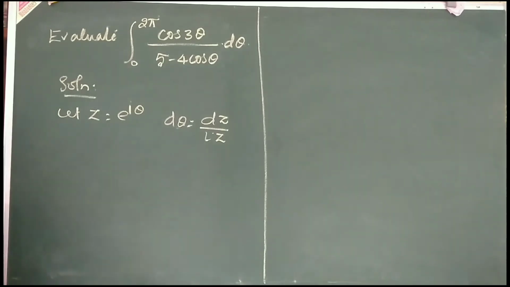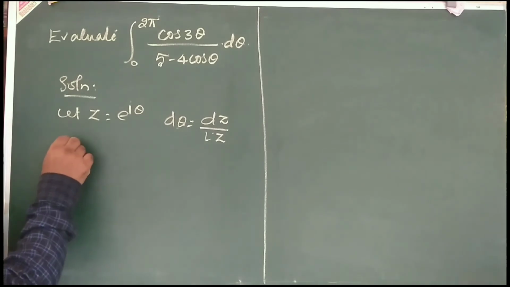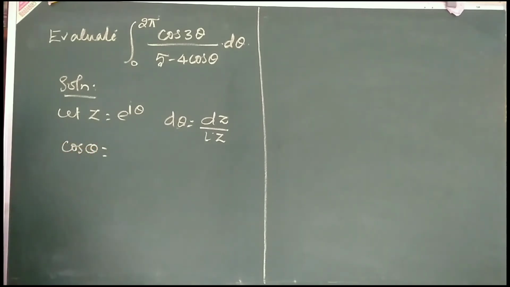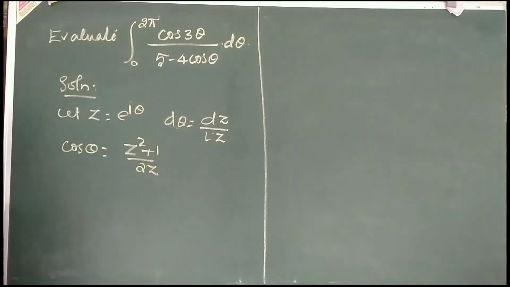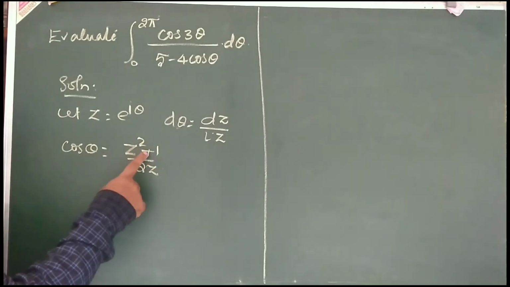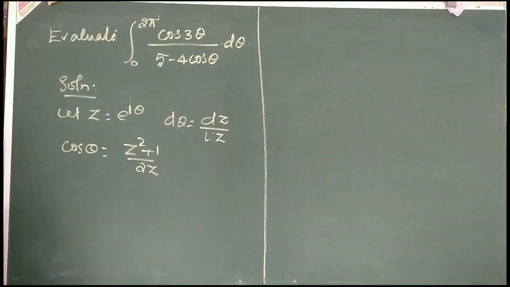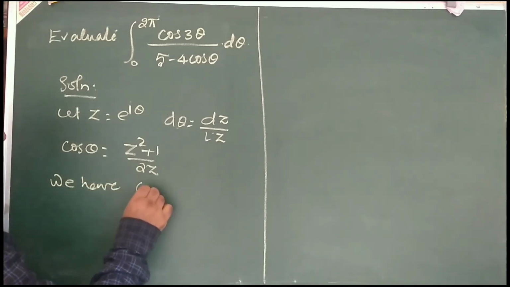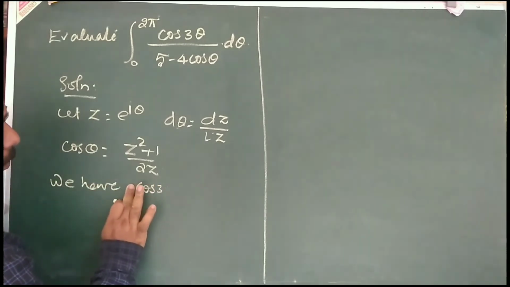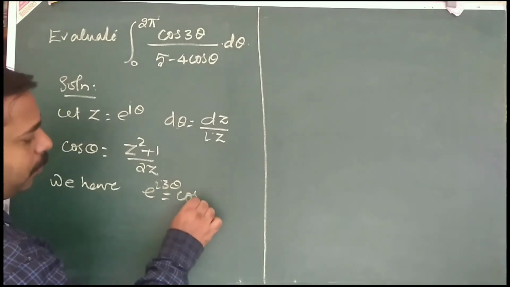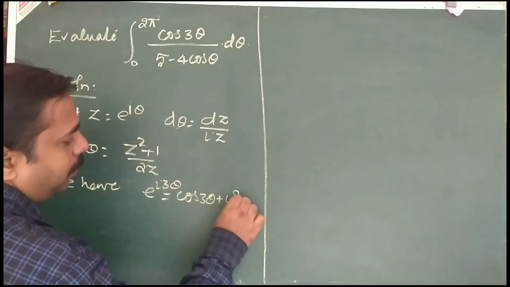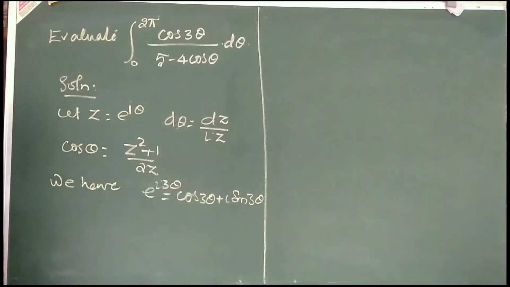Now, cos theta is equal to, what is cos theta? Cos theta is equal to z square plus 1 divided by 2z. For sin theta, we have minus and 2iz. Then we have e raised to I 3 theta equal to cos 3 theta plus I sin 3 theta.